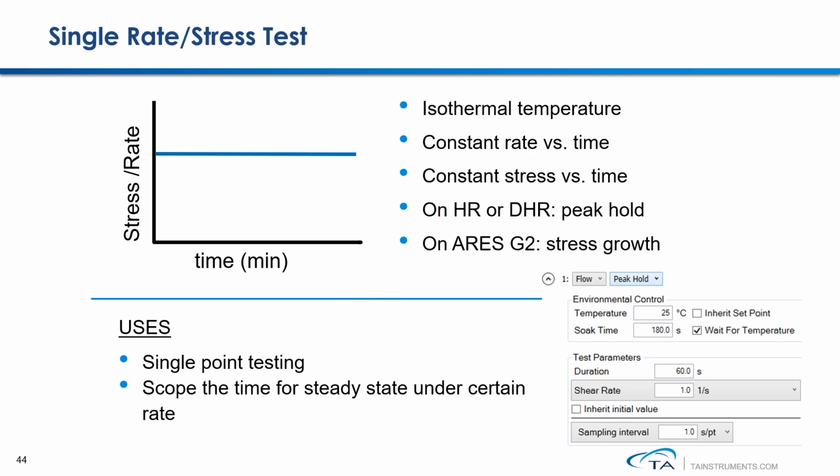The use of this test method is providing a single point test measurement. It is pretty much like performing the viscosity measurement using a simple viscometer. The second application for this test method is to scope the time it requires for the material to reach equilibration under a certain shear rate.